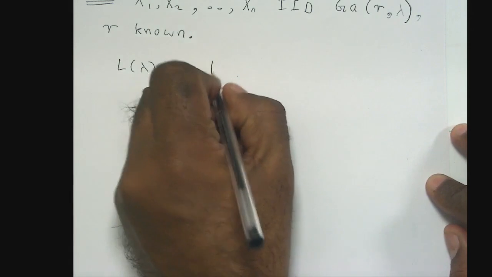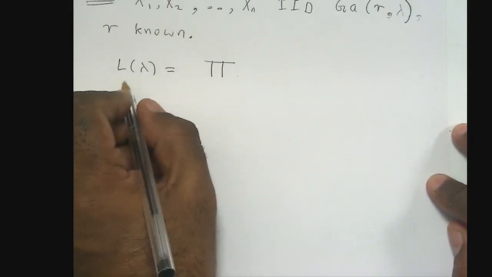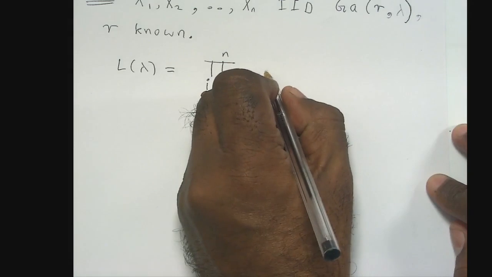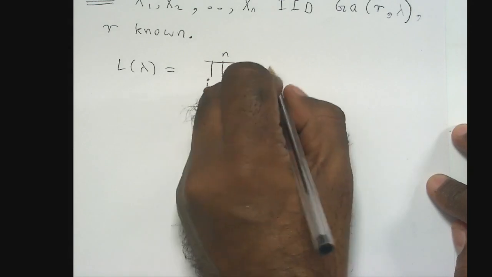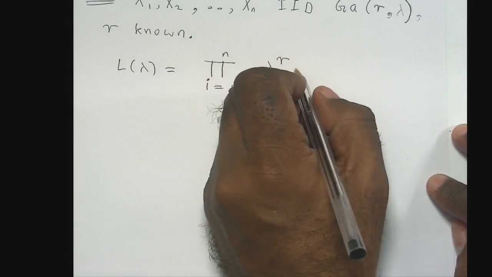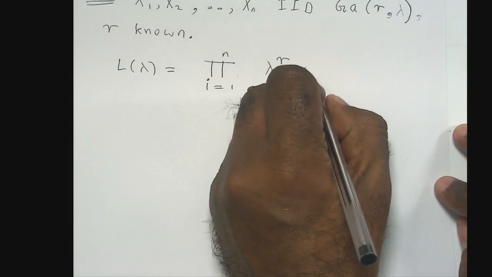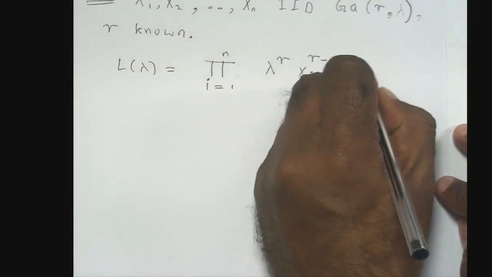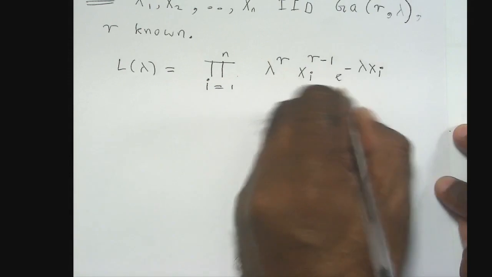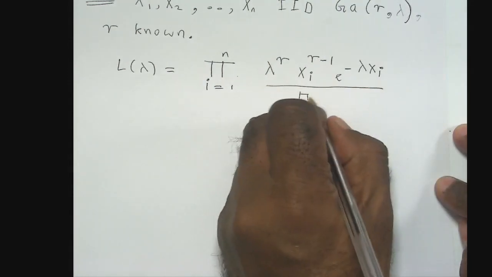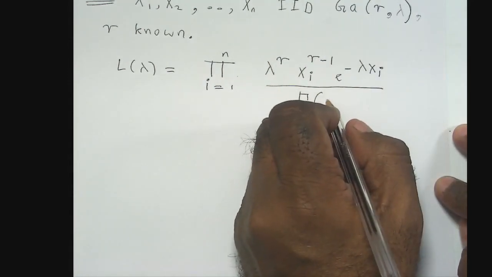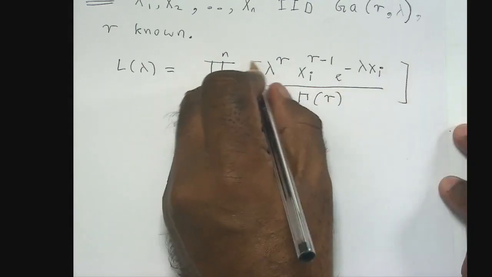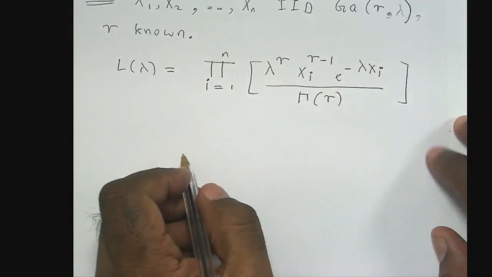So you just need to write down the likelihood function for lambda, which is lambda power r. If you look at page 8, guys, you will see this. This is the density for the gamma distribution on page 8 of the lecture notes, right?